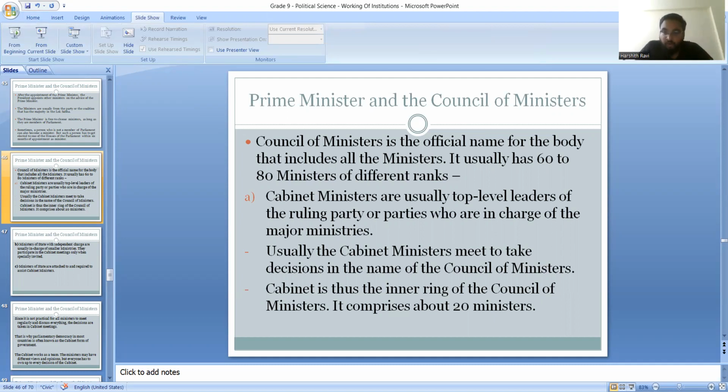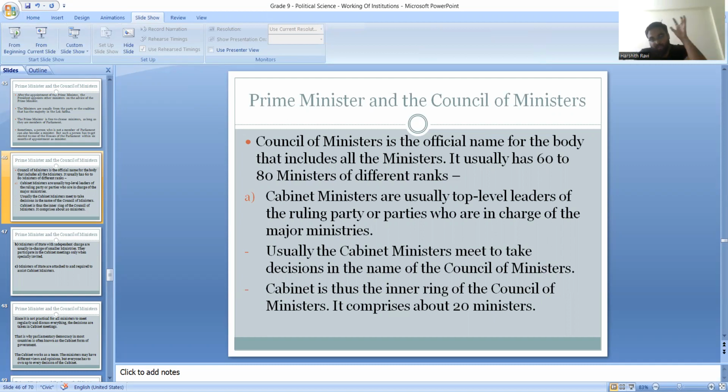He's invited to form the government, the central government, in fact, and then he's also appointed as the prime minister. And once the prime minister is appointed, the prime minister goes about choosing the people who he's going to work with, his team essentially, right? And those are the council of ministers.